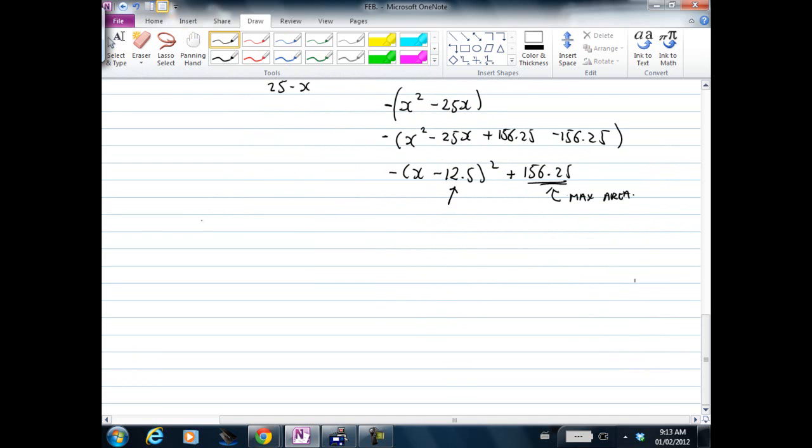So you can say max area is 156.25. It occurs when x equals 12.5. Okay? That's the correct formula you have to use.